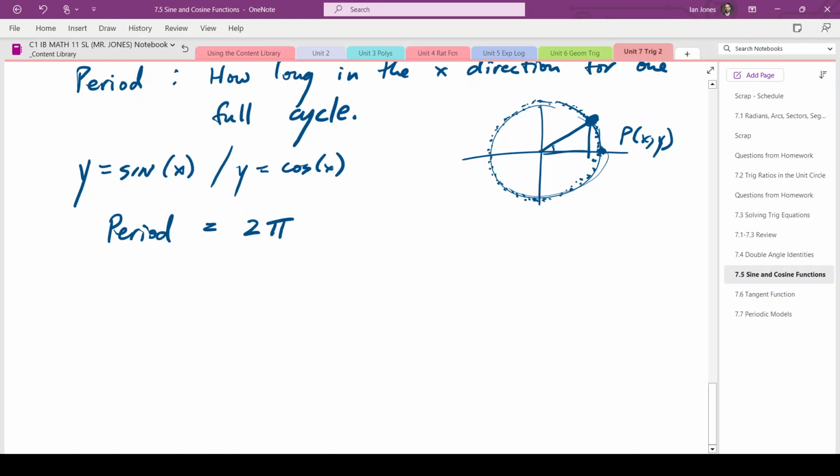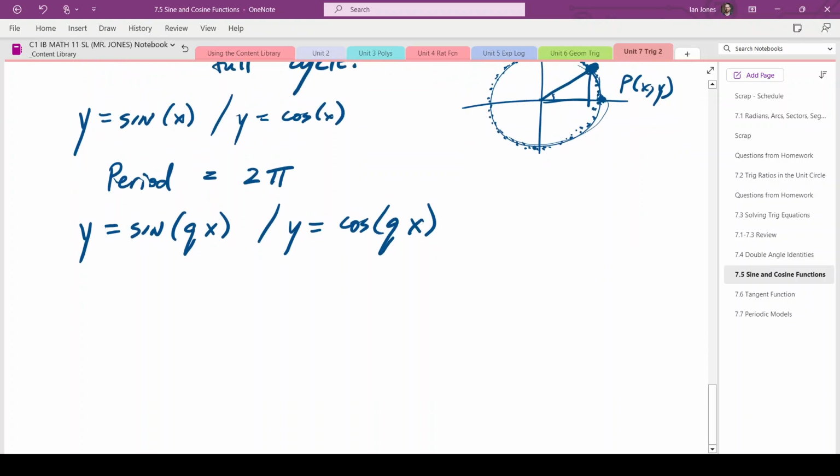That's the period. Now, when we have a q, it's going to affect the period, right? So if we have y equals sine of qx, or equivalently y equals cosine of qx, this q will have an effect. Now, we look at 1 over q to see the effect.